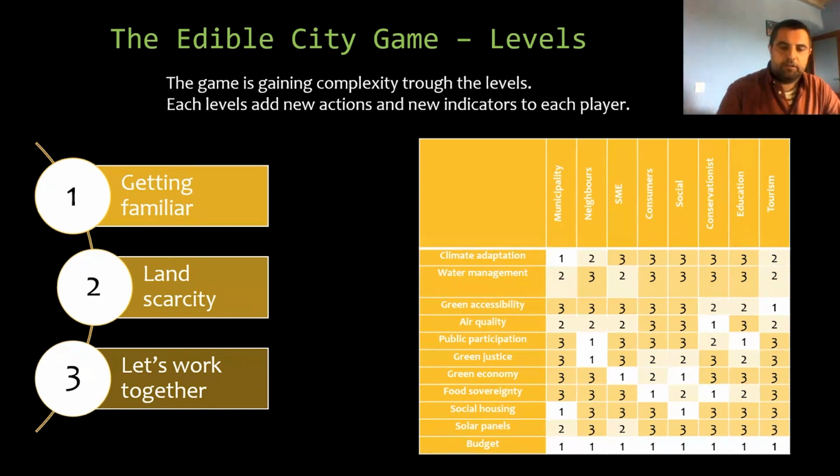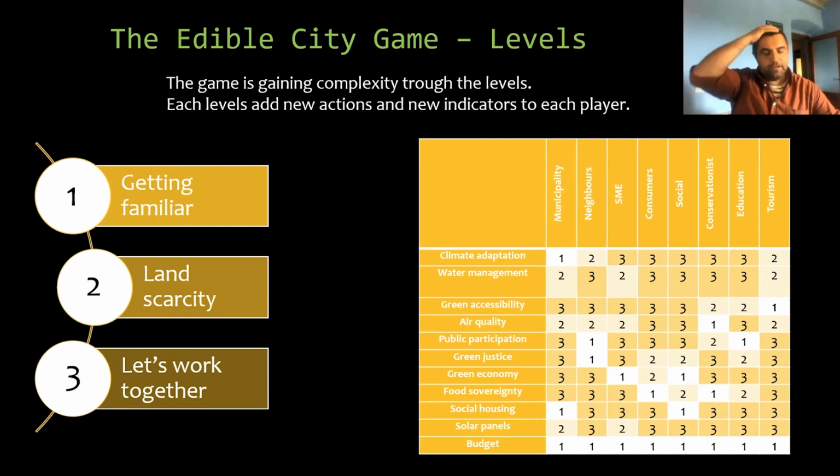Then in the second level that we call Land Scarcity, the storyline is that land on the ground becomes scarce, so you need to start to explore using the roofs of the city, and then some actions like upgrading buildings to buildings with gardens on rooftop and installation of solar panels, the things that go on rooftops, are activated, and also more indicators for each character.